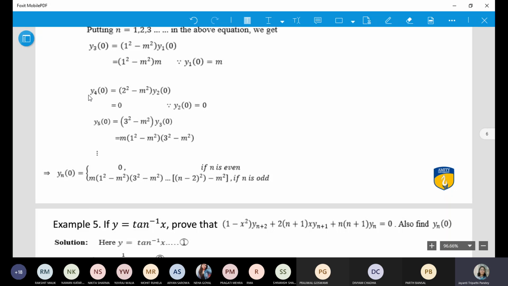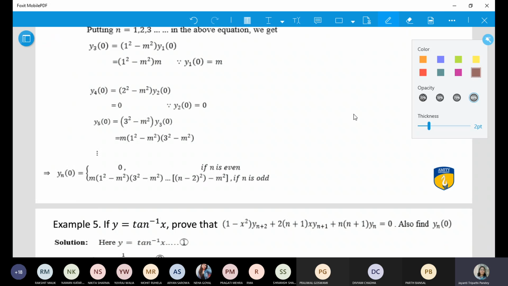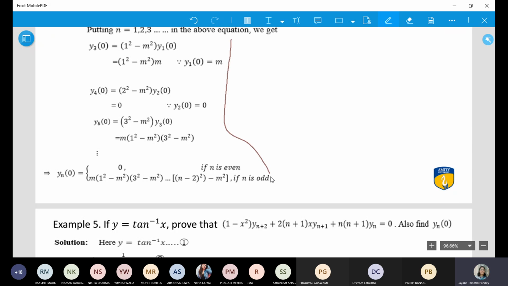Yes, ma'am. If I start doing the first part also, it will take unnecessary time. Okay, now let's see how to go about it. You have y is equal to tan inverse x, and we are trying to find y0, y1 and y2.